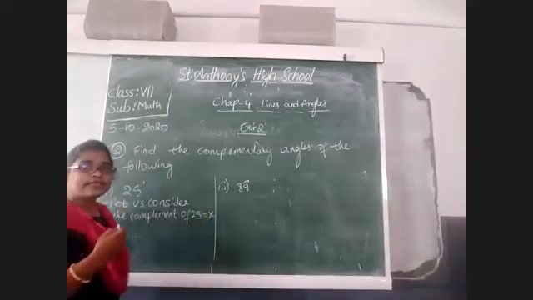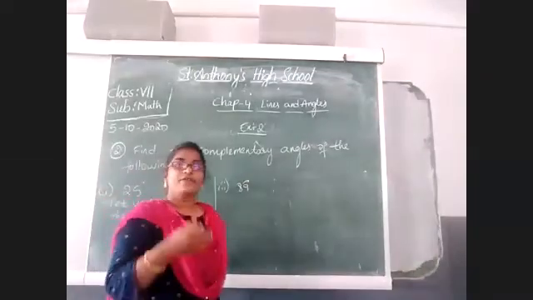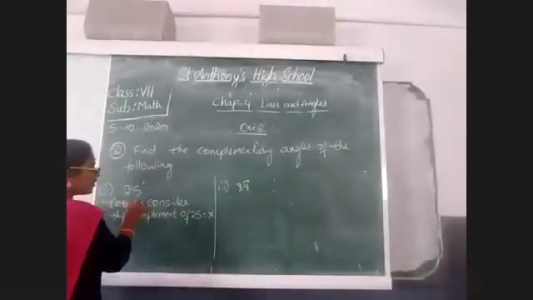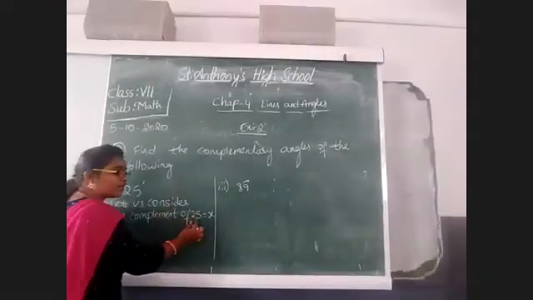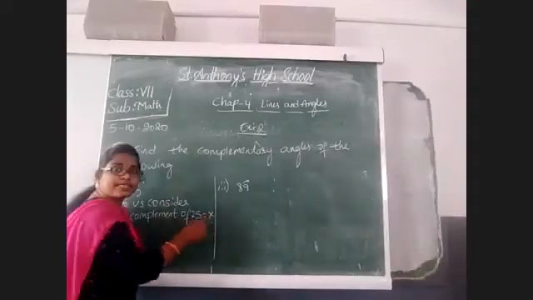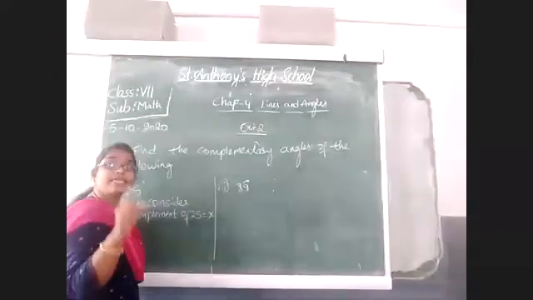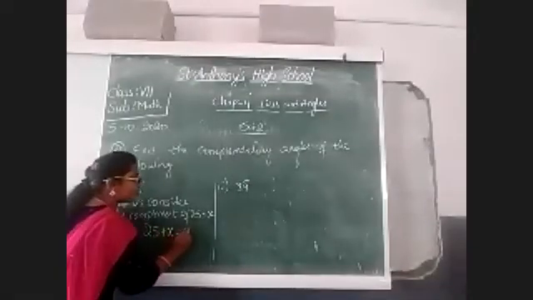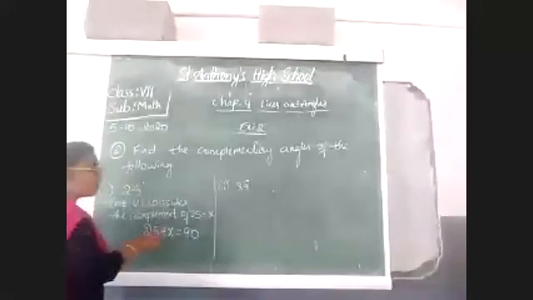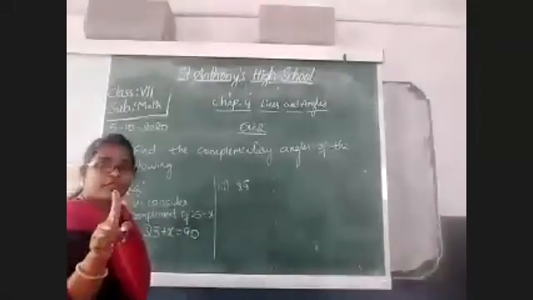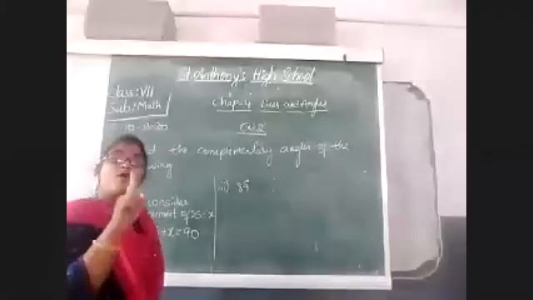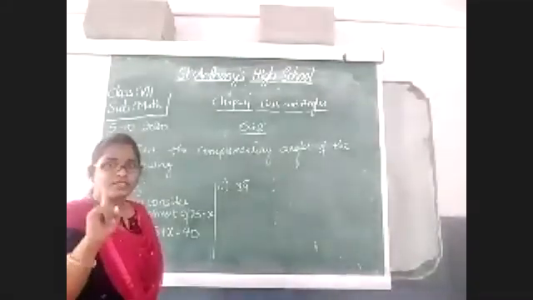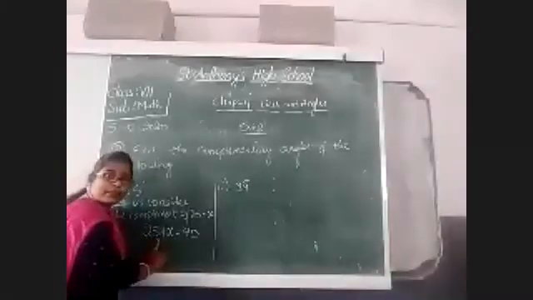We don't know the complement of 25, we are considering it as x. Clear? Now what do we have to do? If we add 25 and x, how much should we get? 90. So 25 plus x equal to 90, connecting with plus, because according to the definition, the sum of two angles should measure 90. Sum indicates addition.